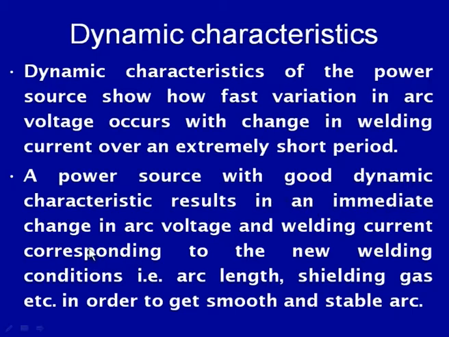A power source with a good dynamic characteristic results in an immediate change in the arc voltage and welding current corresponding to new welding conditions, that is the arc length or the shielding gas, in order to get a smooth and stable arc, so that the heat can be generated uniformly and the melting can be obtained as desired.